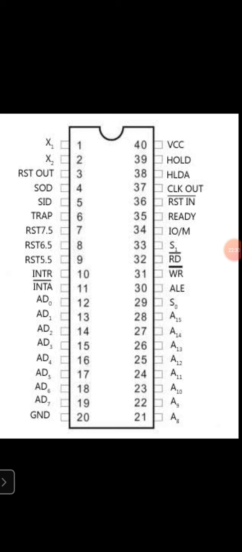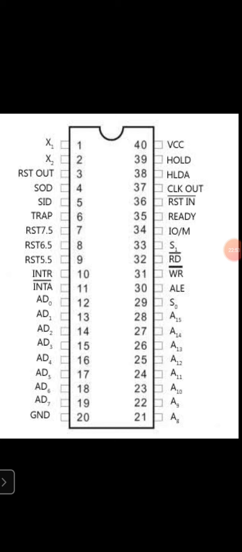Memory is nothing but storage. When the pin is active low, it is used for memory, because the pin indicates M bar.